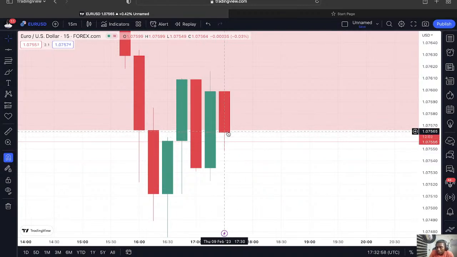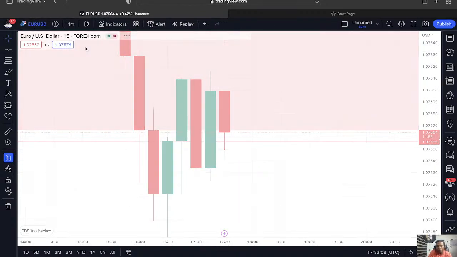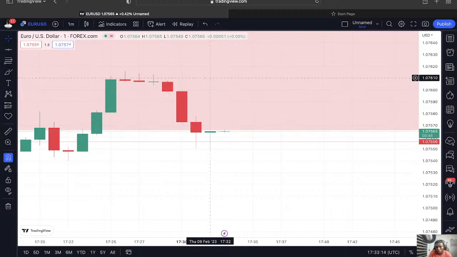If this candlestick can close above here, then I am buying immediately and looking to short on the 1 minute time frame. So I'm buying here and I'm shorting out here, or here, or there, depending on my risk appetite.